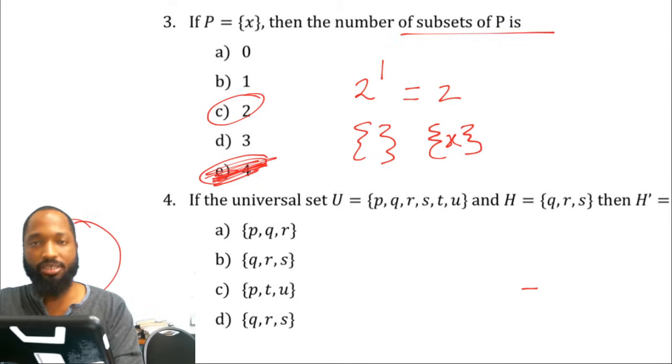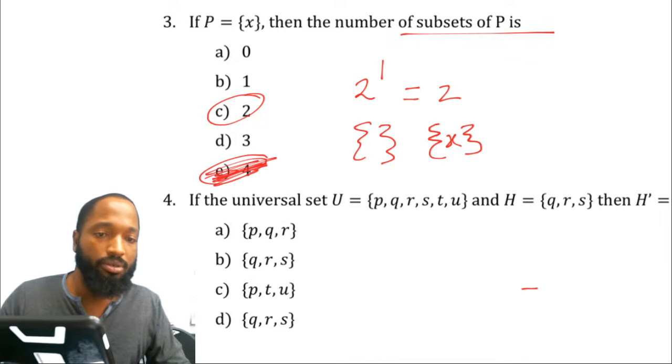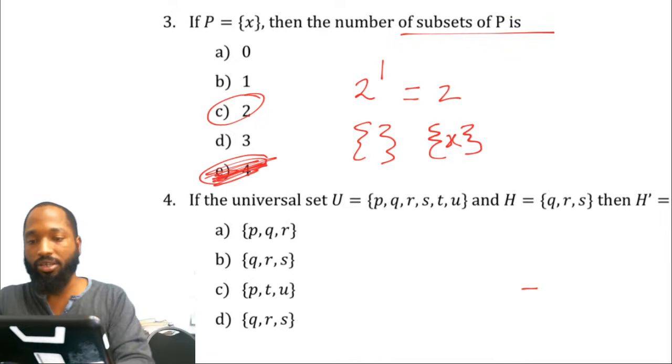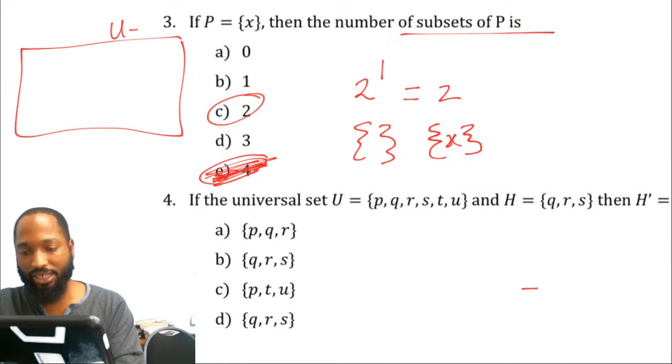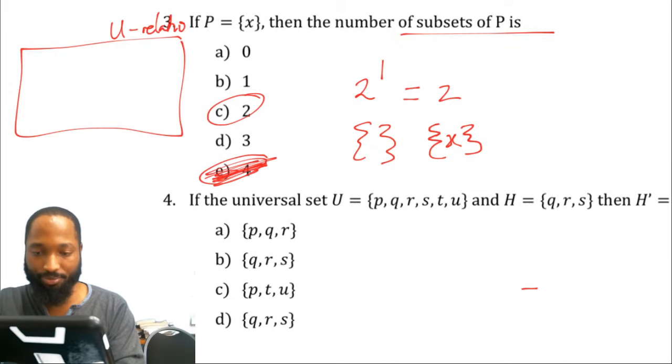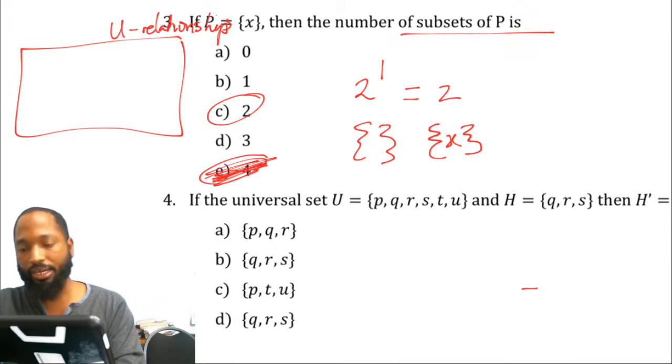So in sets, let me draw this, because I didn't have the preview open. If I have a universal set here, I call this universal set relationships, and I put U here. Let me just put one set.